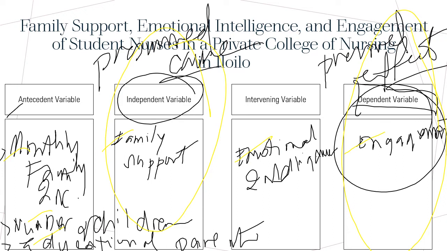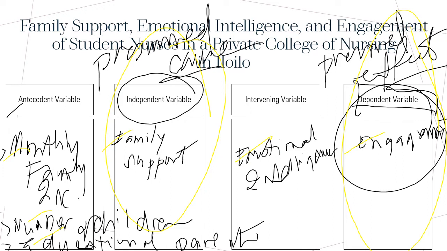Now, specific objectives, I would say, specifically, this study aims to. Try to write this, guys, as an example. One, describe the characteristics of the student nurses in terms of monthly family income, number of children in the family, and educational attainment of parents.